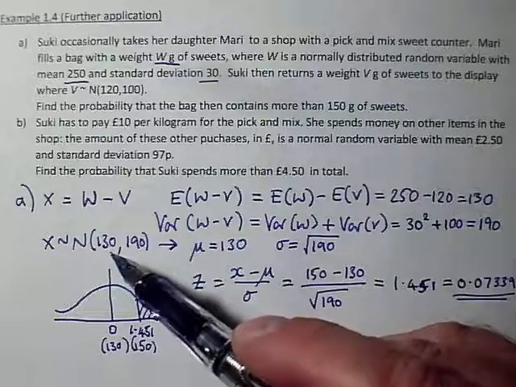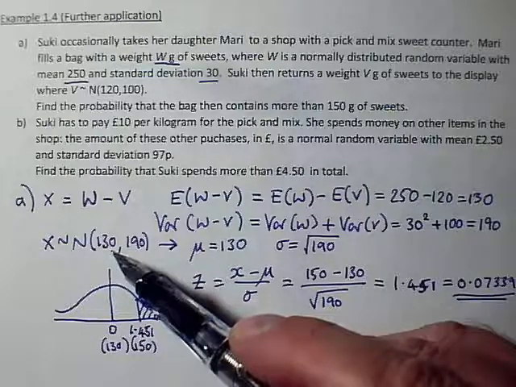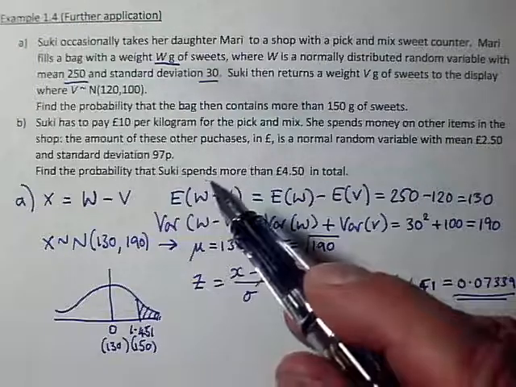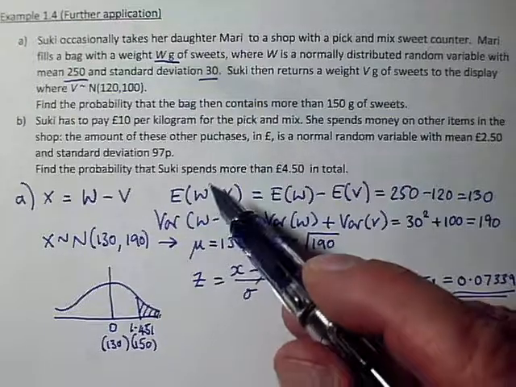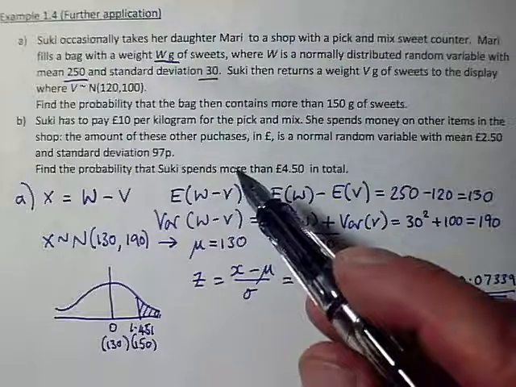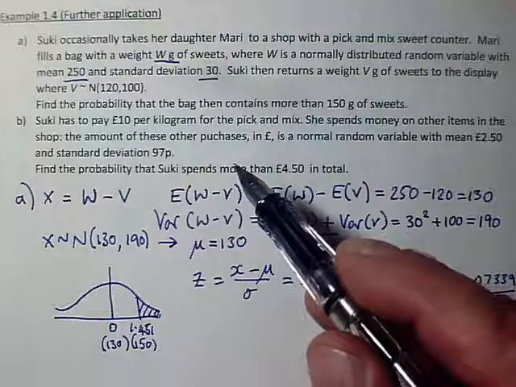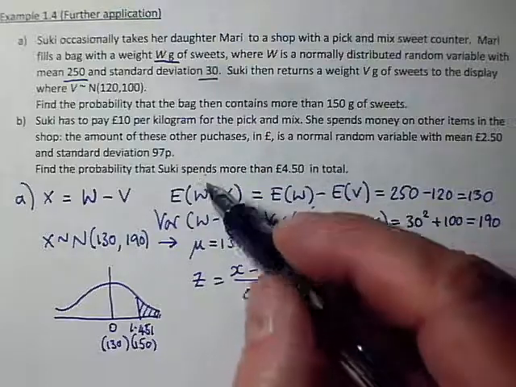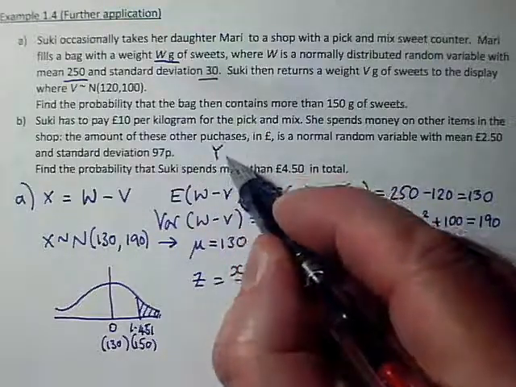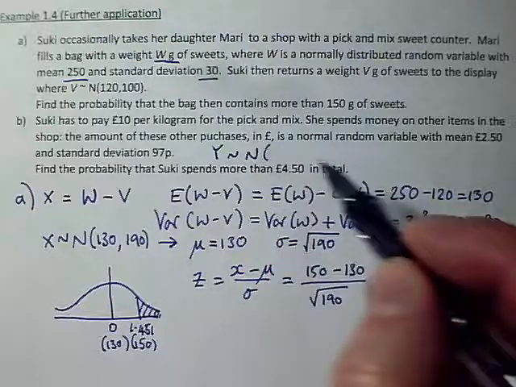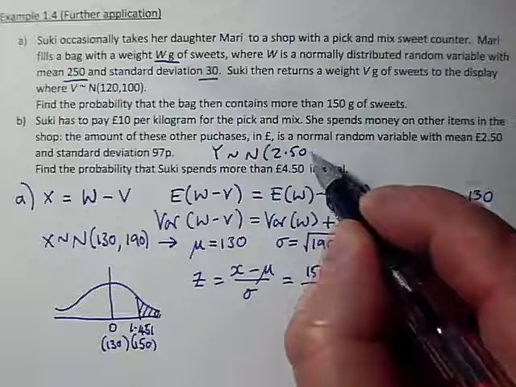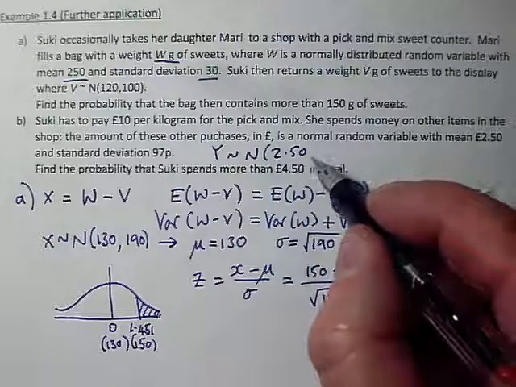So I've got to do X divided by 100, and then I'm going to have to add on her other purchases, which is another distribution. So I need to set up this other distribution. So let's call this second amount Y. So Y is going to be the normal distribution with mean £2.50 and standard deviation 97p.